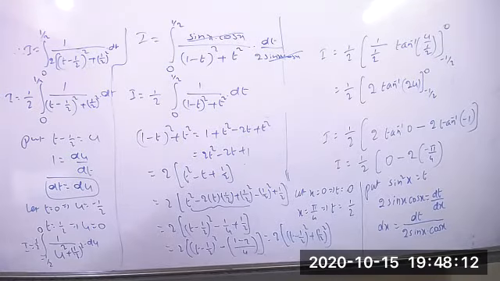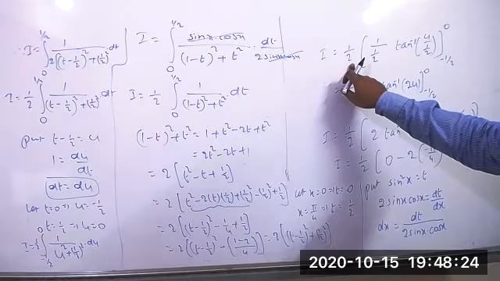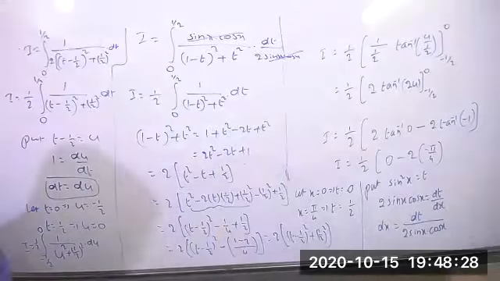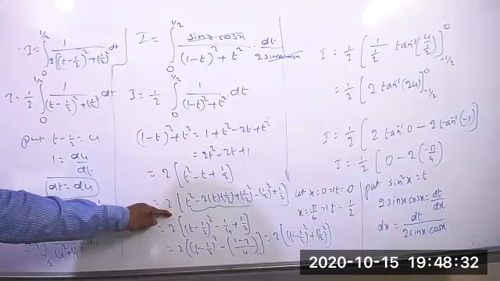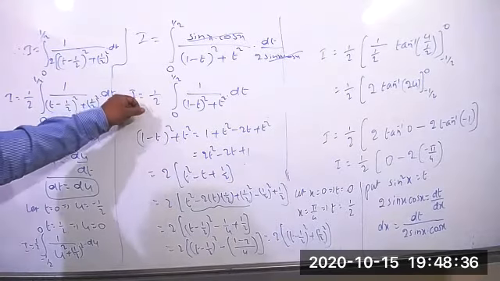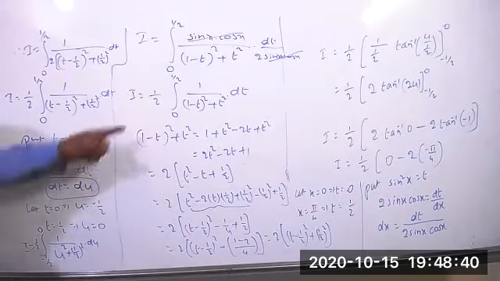Oh, already 1 by 2. In the center part, I equals 1 by 2 into... That 1 by 2 I wrote here now. Not there, sir, here, left side. Below the question, yes, 1 by 2 is there starting.